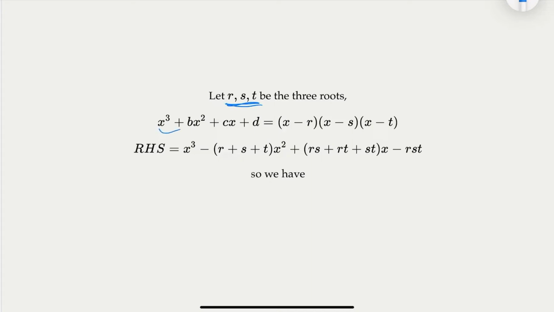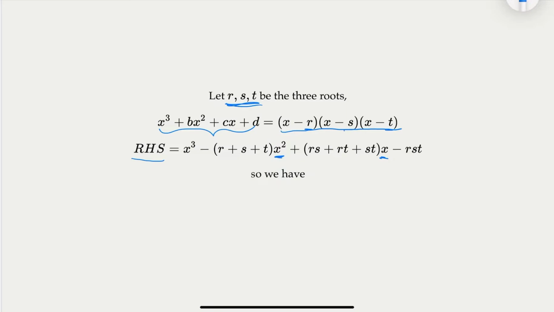This polynomial here on the left hand side is the original polynomial. On the right hand side, because we have the roots, it must be equivalent to this product. If you expand it out on the right hand side, notice that the coefficients of x squared and x must be identical to the corresponding terms here.